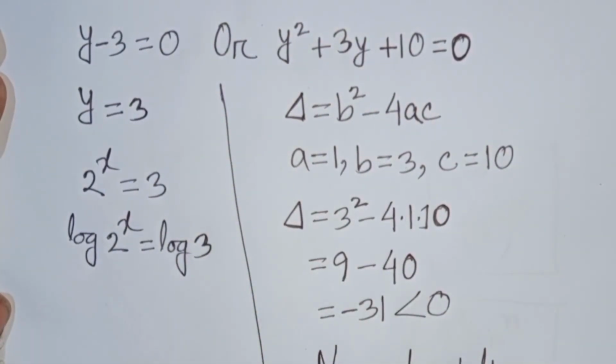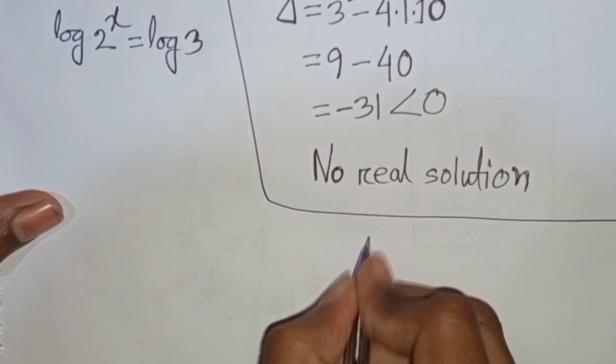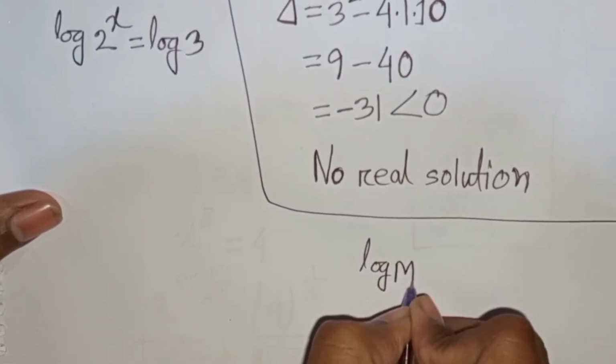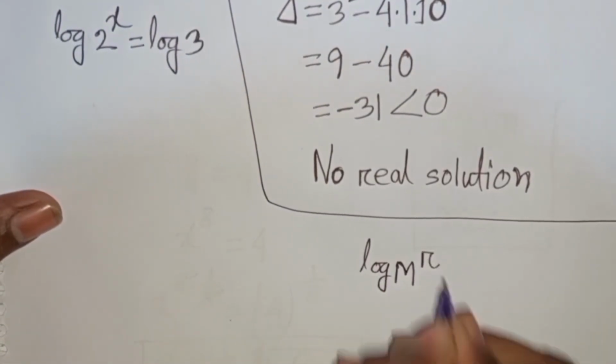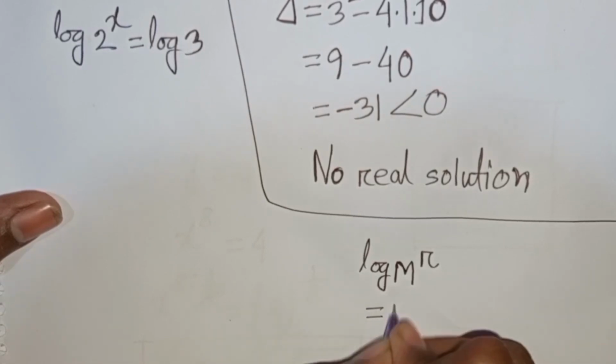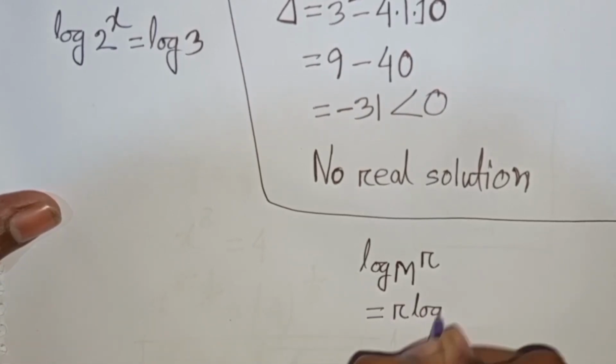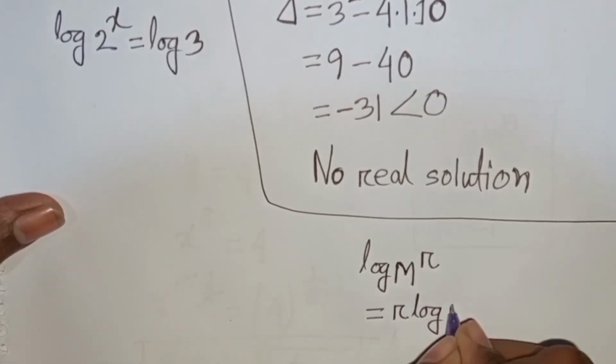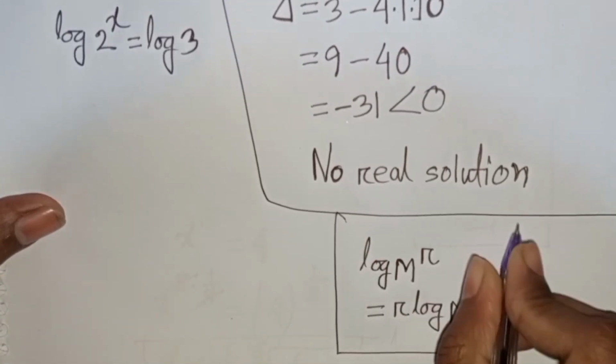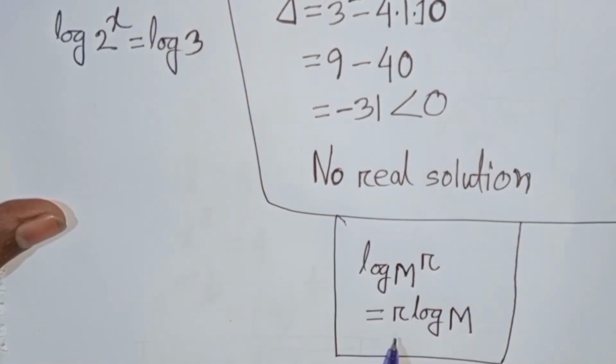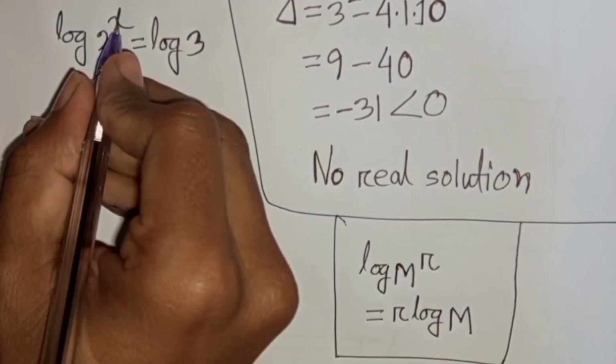Now here I can apply the rule that log m power r is equal to r log m. That means this power moves to the base. So according to this rule, you can compare here. This power x will move to the base.